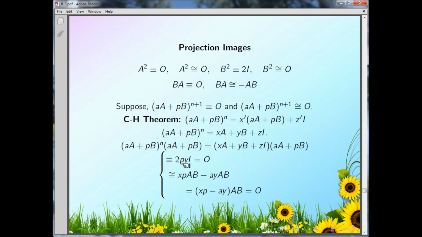P is not 0. That's our assumption. Therefore, y is 0. And since y is 0, xp must be 0, but p is not 0. Therefore, x must be 0. So we conclude that y is 0 and x is 0.